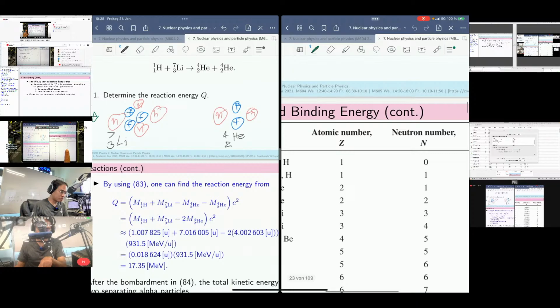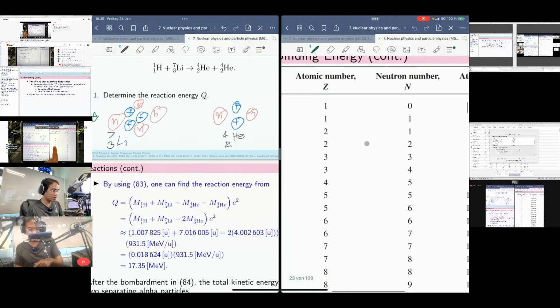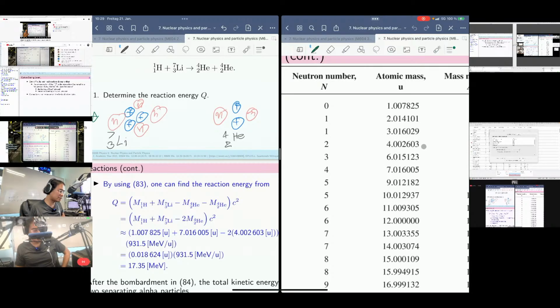This is helium 3 2, this is helium 4 2. We are going to pick up this value, 4.002603. But since we have 2 particles, we're going to have 2 times that number, 4.002673.